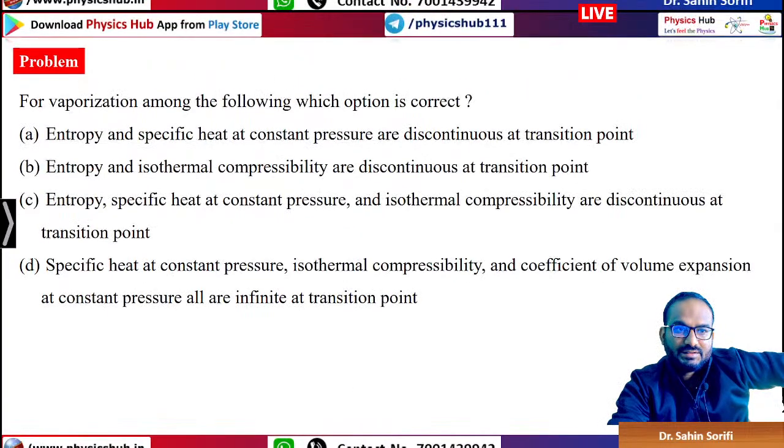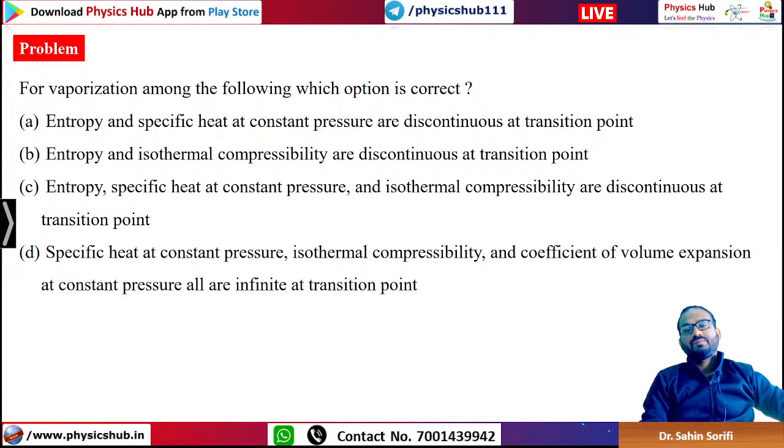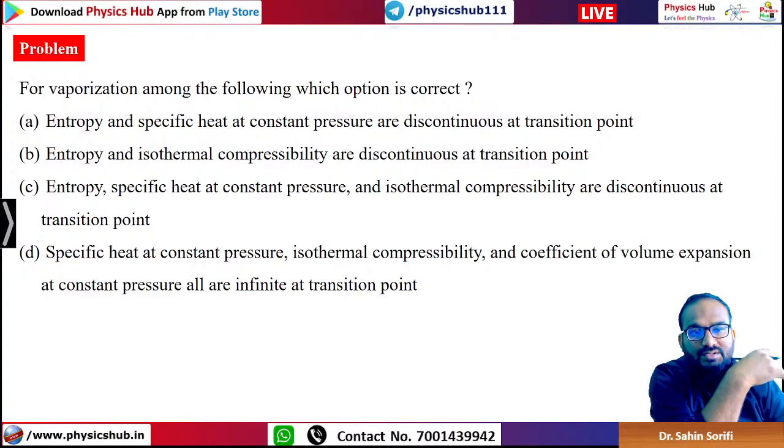Yes, let's move on to the next problem. For vaporization, among the following, which option is correct? Entropy and specific heat at constant pressure are discontinuous at the transition point. Entropy and isothermal compressibility are discontinuous at the transition point. Entropy, specific heat at constant pressure, and isothermal compressibility are discontinuous at the transition point.